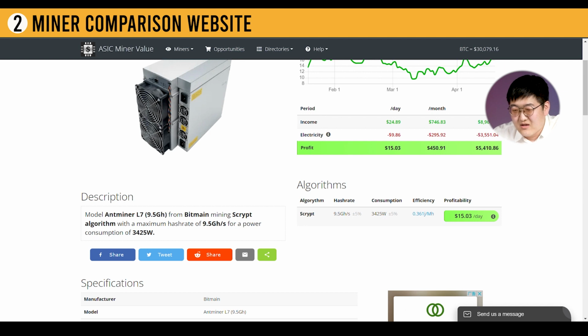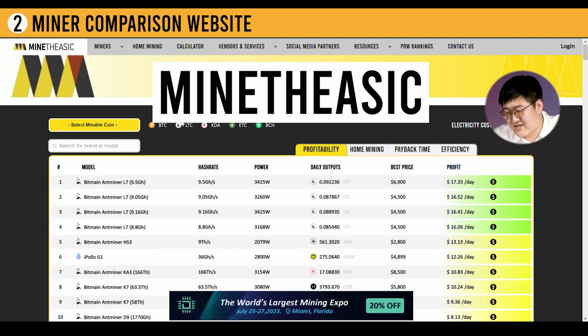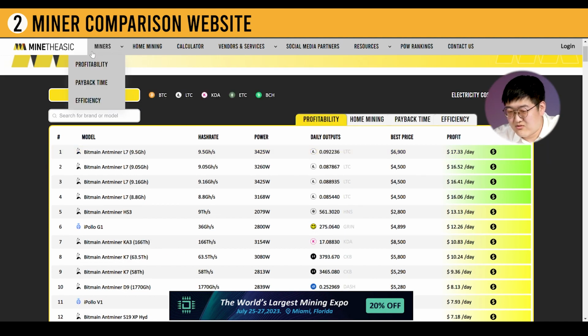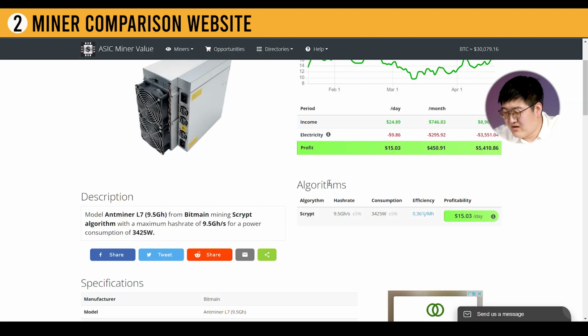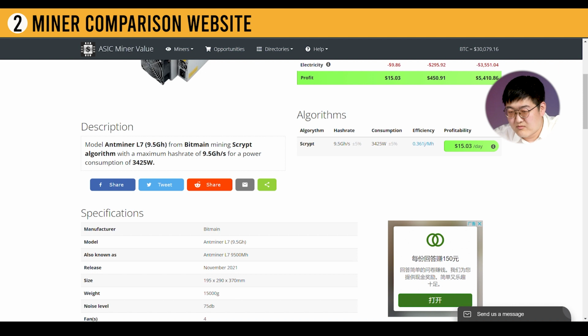And here is another website which is called Mine the ASIC. This is basically the same, but here is another cool feature. In asicminervalue.com, those figures are not adjustable.